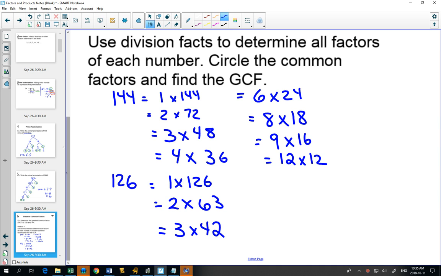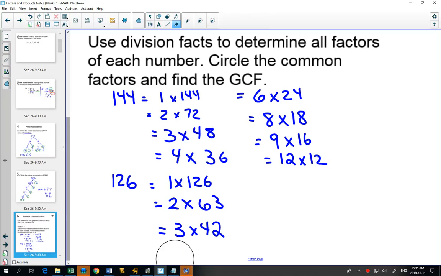Can you divide it by 4? Wait. You can't divide it by 4. That's right. Can't divide it by 4.